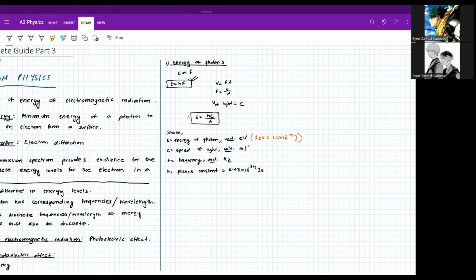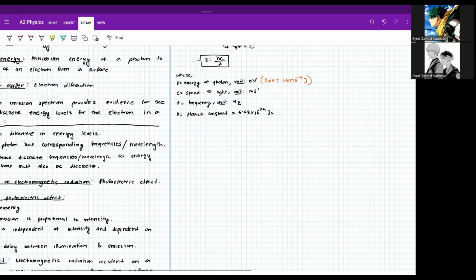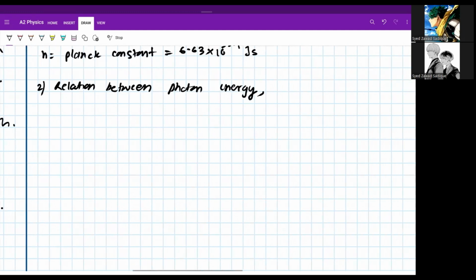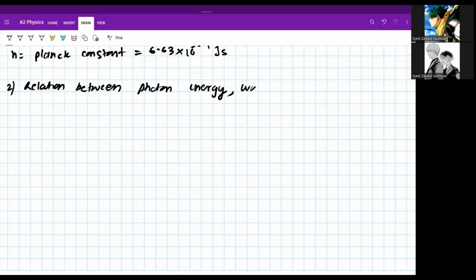Now, the secondary concept is the relation between photon energy, work function, and Ke.